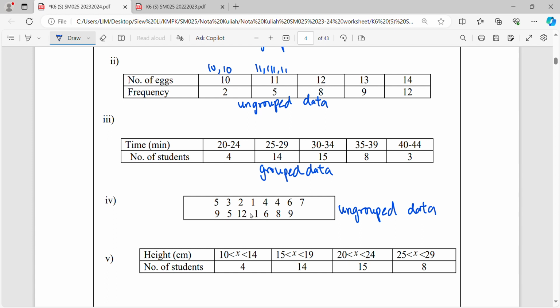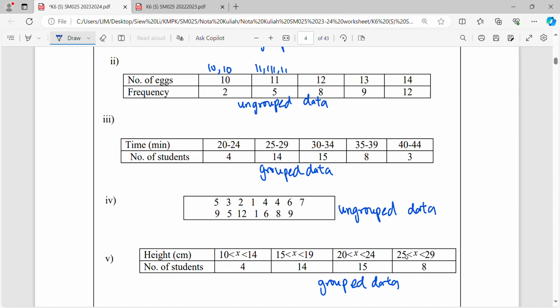Number 5, grouped. So interval. When we are talking about intervals to group the data, it is not necessary to be like this, 20 until 24, then the next one, 25 until 29. It can be in intervals like this.